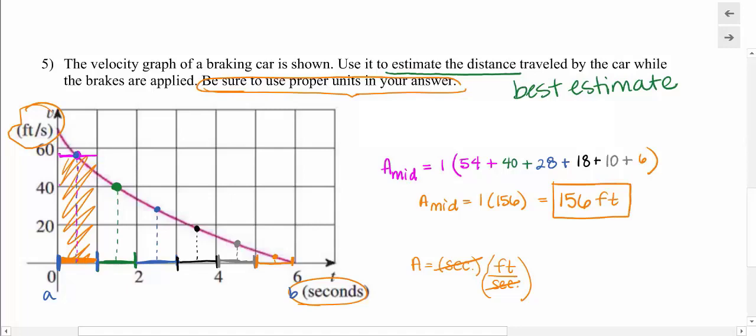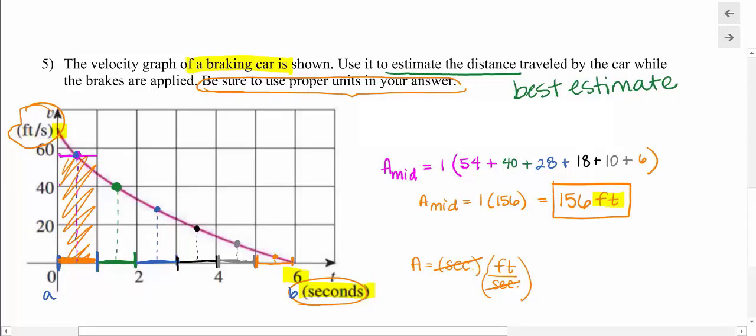And please make sure that it makes sense. We are in a braking car for 6 seconds. It does not make sense that we go, for example, 156 miles, right? We're only traveling for 6 seconds, and we were traveling, sure, decently fast at first.